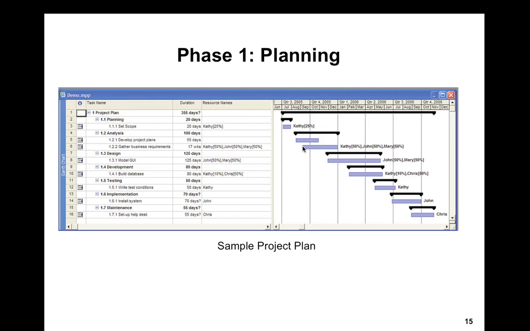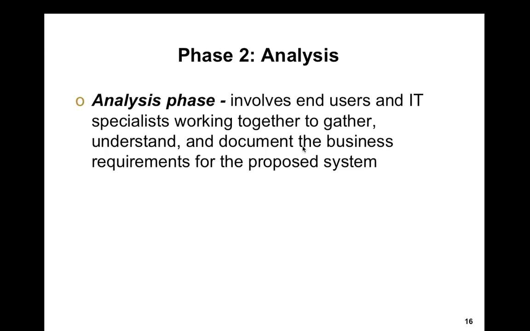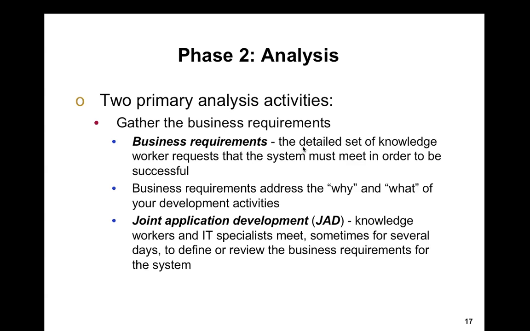They use these techniques to organize the planning and to make sure that the project runs successfully. In terms of the analysis, what we're looking at involves the IT specialists working together to gather, understand, and document the business requirements for the proposed system. So they're learning about the problem.